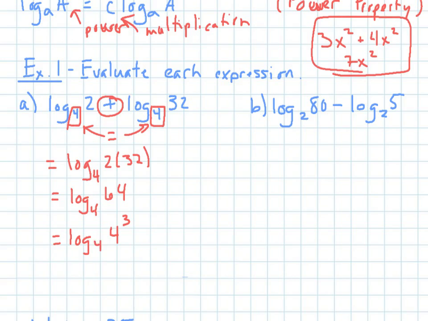And one of our properties that we had before in an earlier section, I think 4.2, if you have a log of a number to a certain power, and the base is the same as that previous one, so these numbers match, then the exponent is my power, or my answer. So 3 would be my answer. It's almost like the log base 4 and the 4 cancel each other out, almost. Okay? Leaves you with 3.